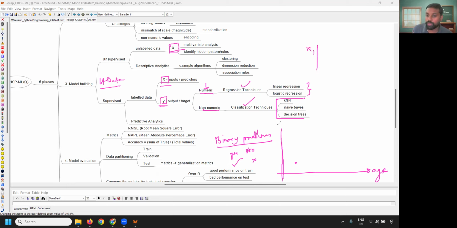Then we'll also talk about preparation time. Okay, preparation time. This becomes my x2. And what is my target? I will have the target, which is student passing or failing, non-numeric outcome. Okay, pass or fail. This is what we're going to look at. Binary outcome, non-numeric.